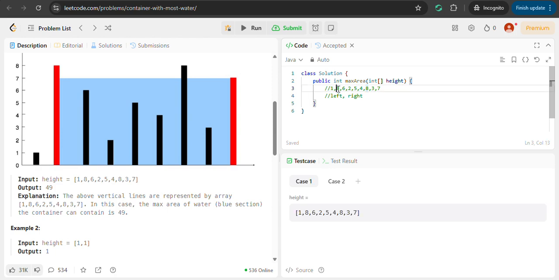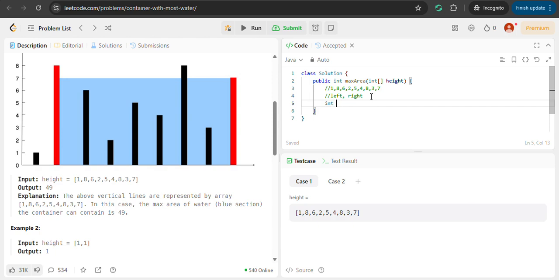The minimum of these is the same, 8 is the height, and the width is 6 minus 2, so it is 4. 4 into 8 is again 32. So we are keeping track of the maximum water.